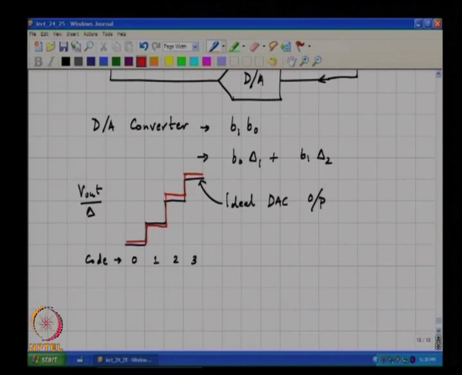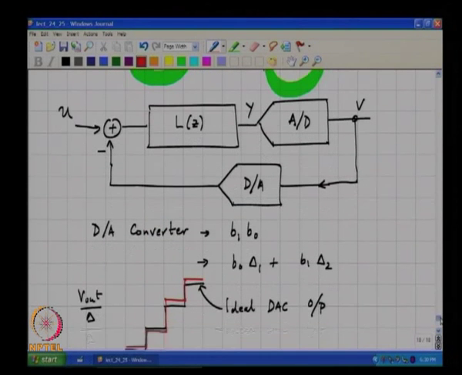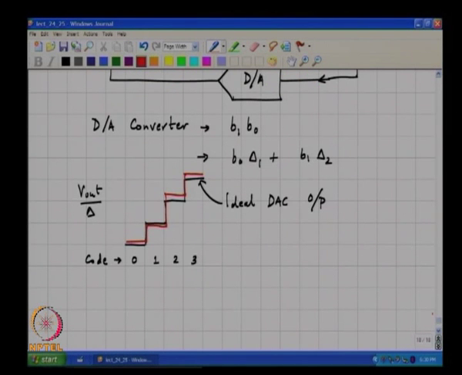Only the output levels will be off from the ideal values. Is this clear? Similarly, how can you model the error? Can you suggest a way of modeling this error?